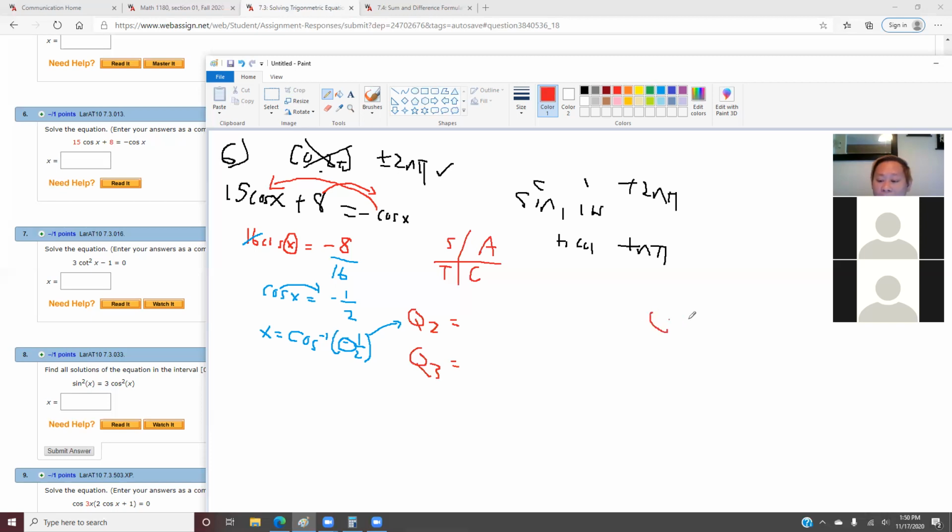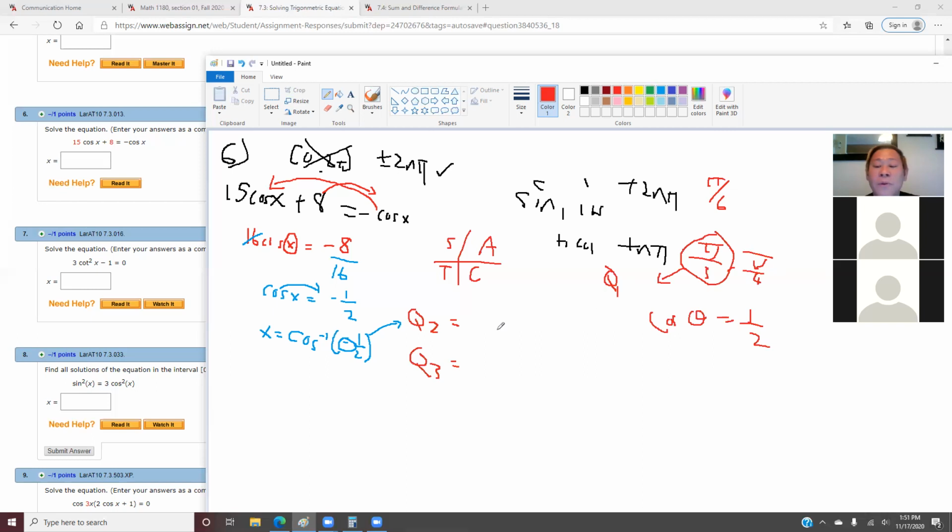Cosine of what angle gives us 1/2? Your answer is either pi over 3, pi over 4, or pi over 6. Isn't it pi over 3? Yes, very good. But pi over 3 is in quadrant 1.